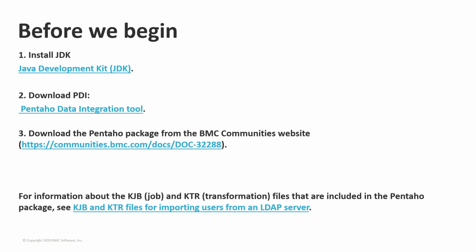And finally, we need to download the package that contains all the job transformations to take the users from Active Directory to Remedyforce. That's the third step. It is also a zip file, so you download that and unzip it.